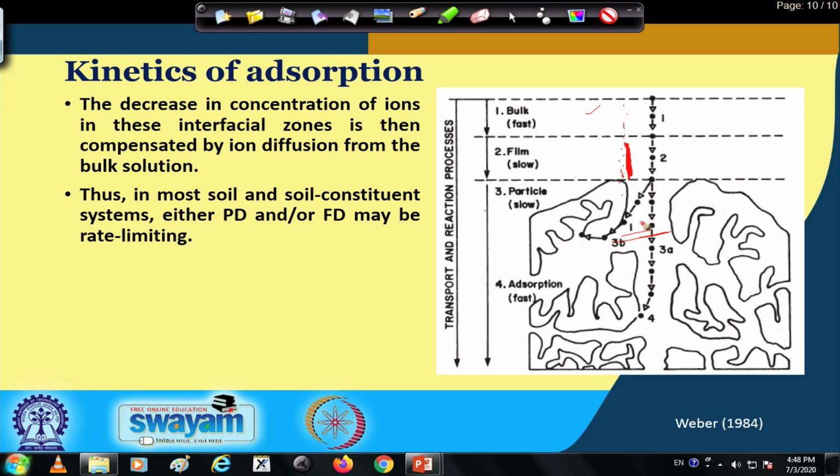So, we are seeing that diffusion between the particles as well as diffusion through the film are basically the rate limiting steps in the kinetics of cation or ion exchange.